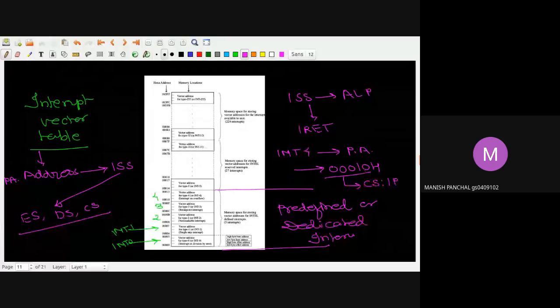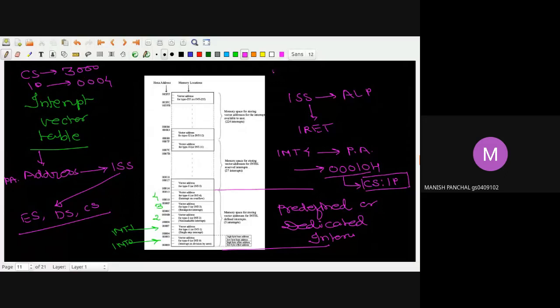For example, the value of CS may be 3000, the memory location for this ISS, and the IP value may be something like 0004 for INT4 that the user has programmed into the EEPROM at this location for INT4. Then ultimately the physical address for INT4 will be something like 3001234. Is it correct? So at this point your ISS may be stored. Is it clear? Is it clear?